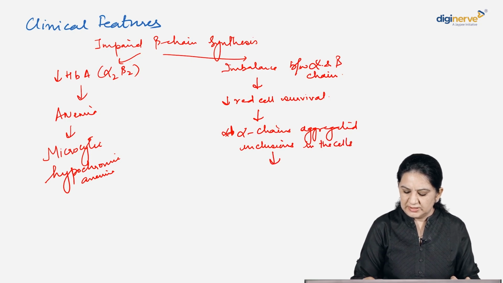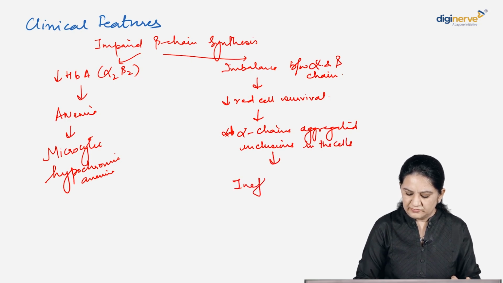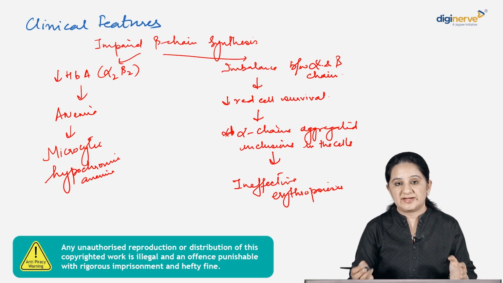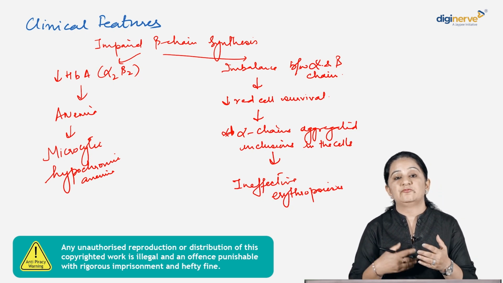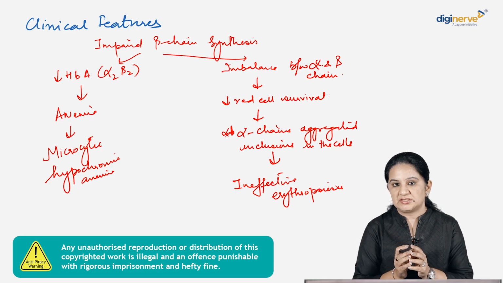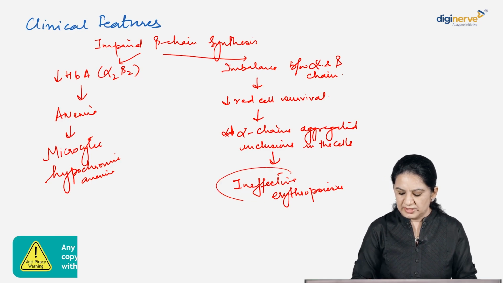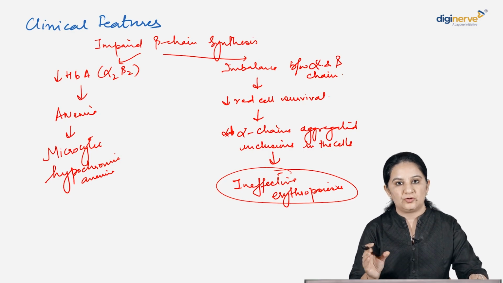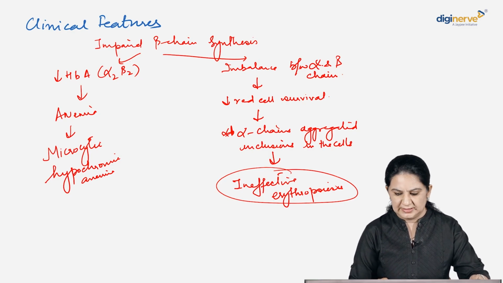This will in turn lead to ineffective erythropoiesis, the most important cause of all the clinical features in beta thalassemia.